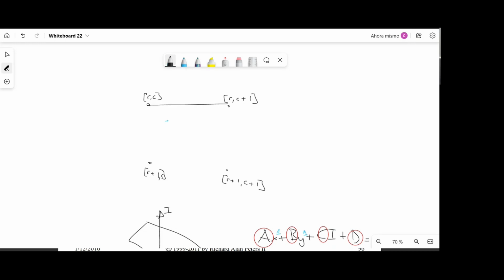So what I will do is to measure the distance between this coordinate, that is this R fractional, C fractional, and say, okay, that is a delta R here, and that is a delta C here.